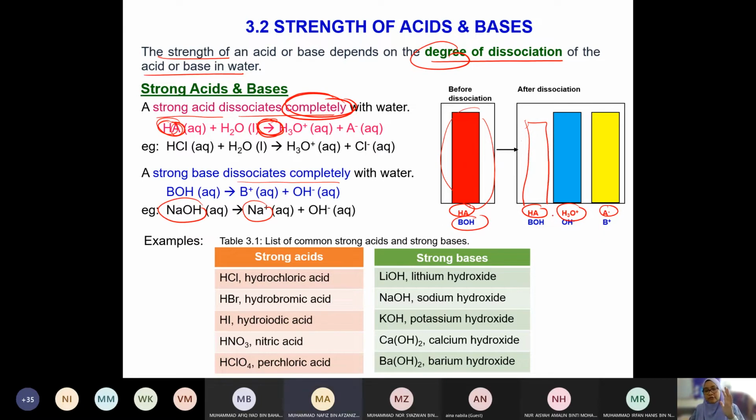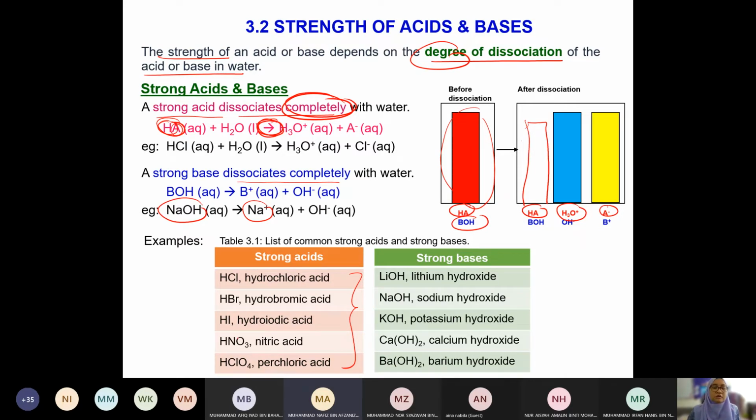To make it easier for you later on, I would highly suggest you memorize all of these strong acids. Strong base is not much of a problem because you remember group 1, group 2, hydroxide and oxide, they are strong bases. Strong acids, because we will have many acids later, I would highly advise you to memorize these five only.